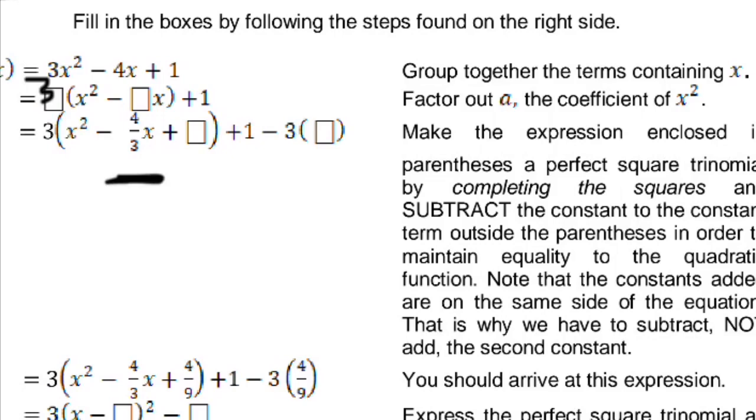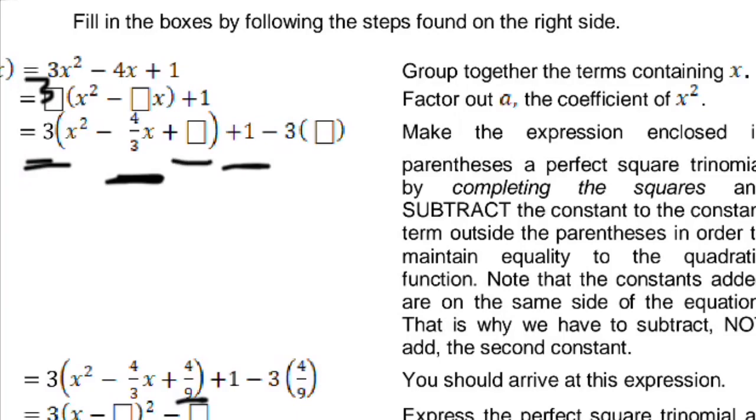Then squaring that one, that will be 4 over 9. So this is the answer here, plus 4 over 9, then plus 1. Then the next step is you're going to subtract the constant and the term outside the parentheses. So you're going to subtract 3, the term outside the parentheses, times the 4 over 9 that you have added here.